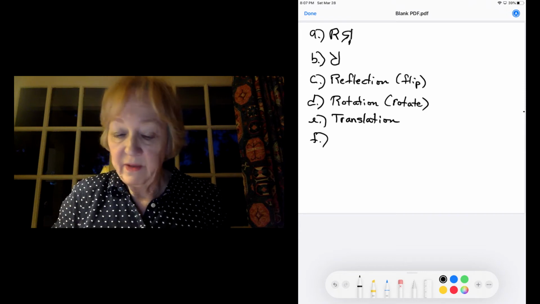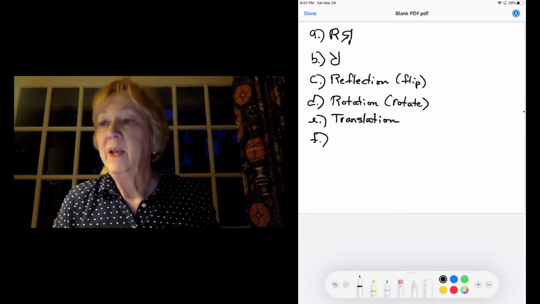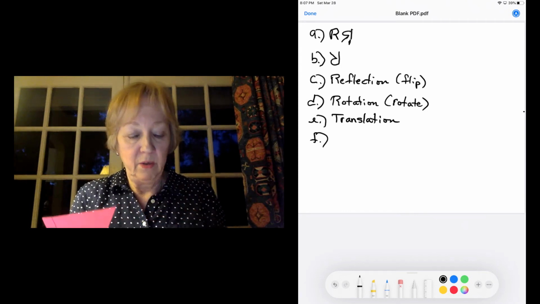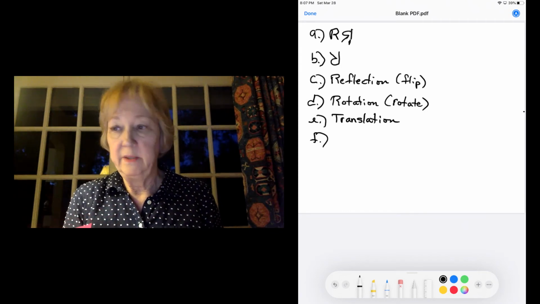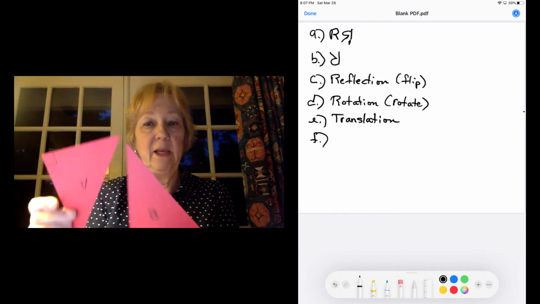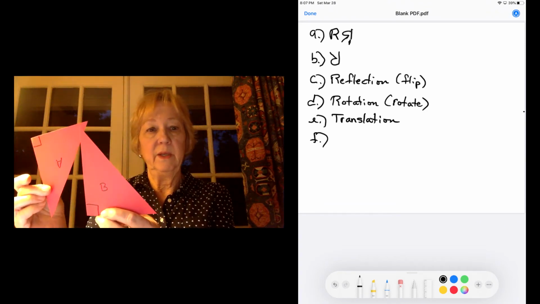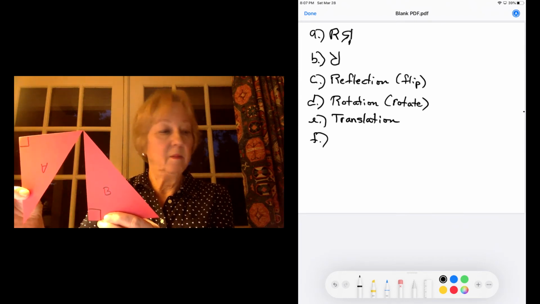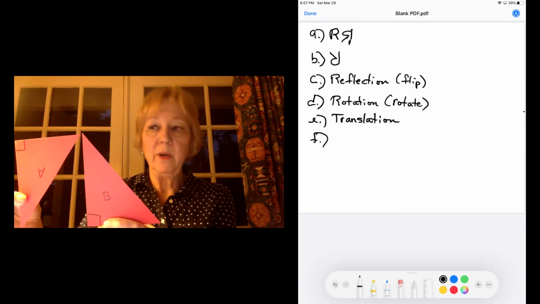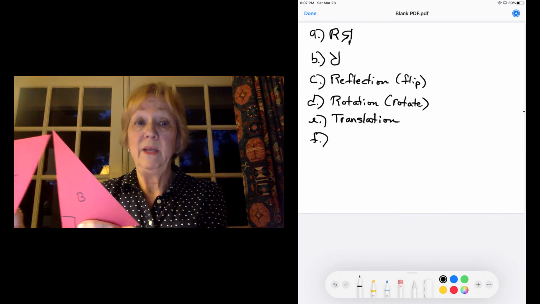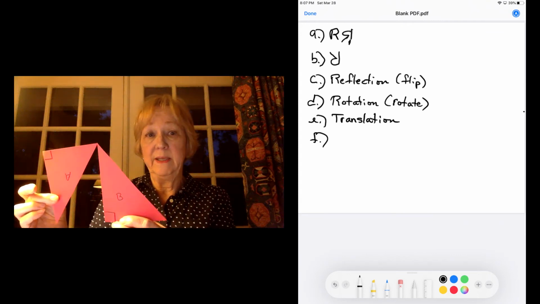Now let's look at F. F is a tricky one. I want to put them, because again, I am mirrored and backwards to you trying to do this, so I'm going to try to do it correctly. Okay, here's A and B, like this. Hopefully it looks like that to you in your book. Okay, what are some ways that we could, now we're going to have to do more than one way to move these on top of each other. Let me get them where you can see them.